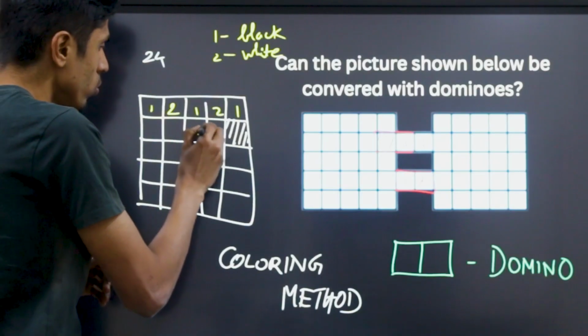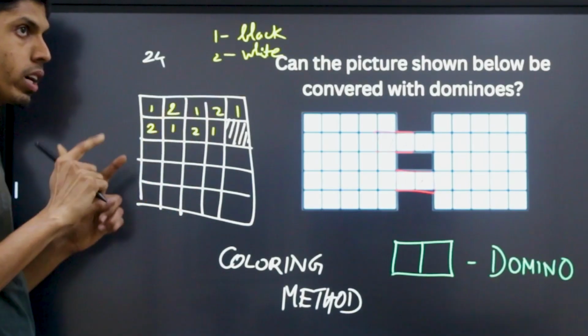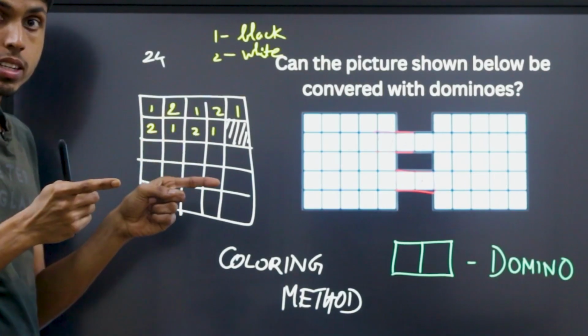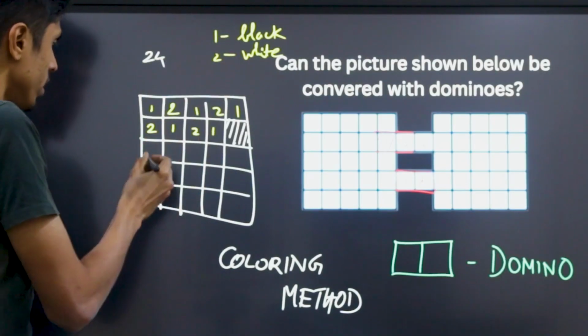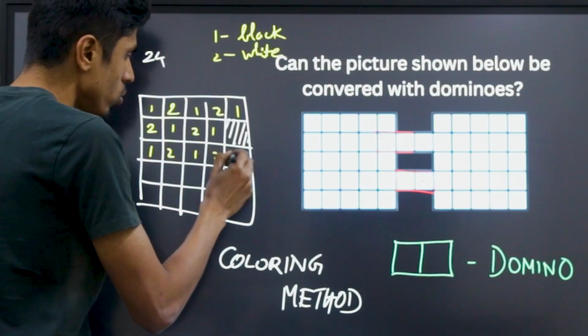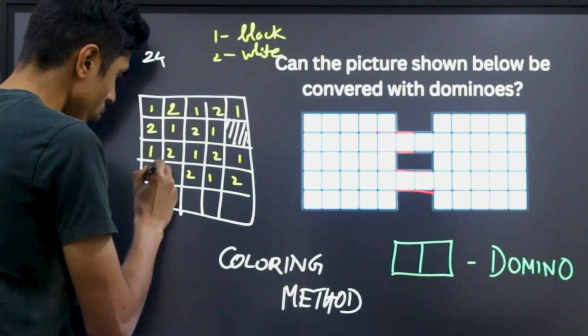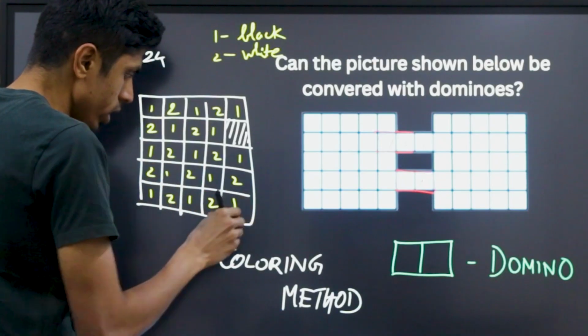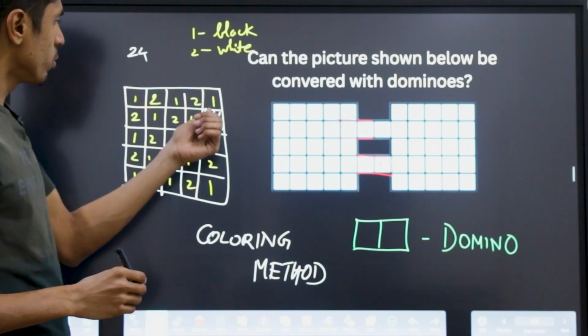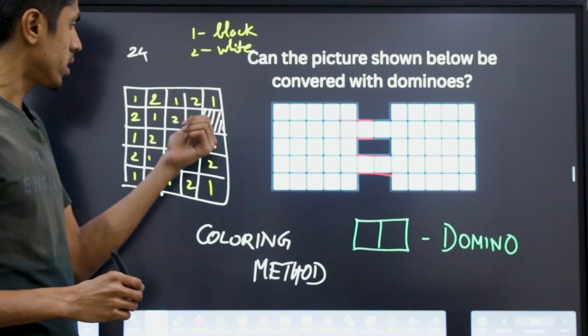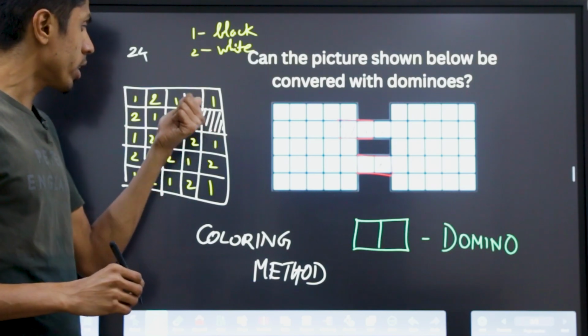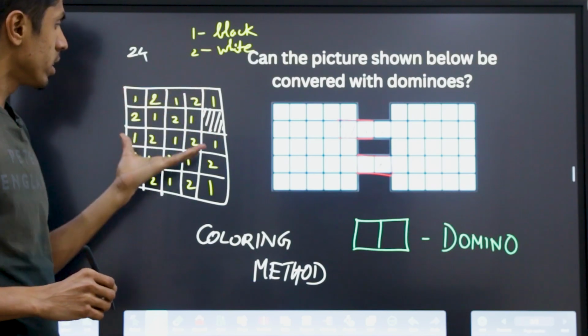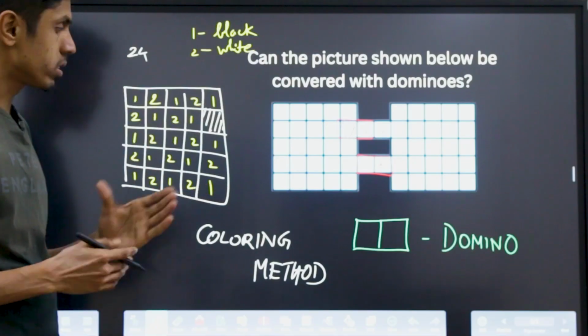So you have 1, 2, 1, 2. You do not have 1 and 1 in two adjacent cells that share a common edge. So you have 1, 2, 1, 2, and so on. I'm just removing this cell because it's never possible to color it along with this, as there should be an even number of squares.